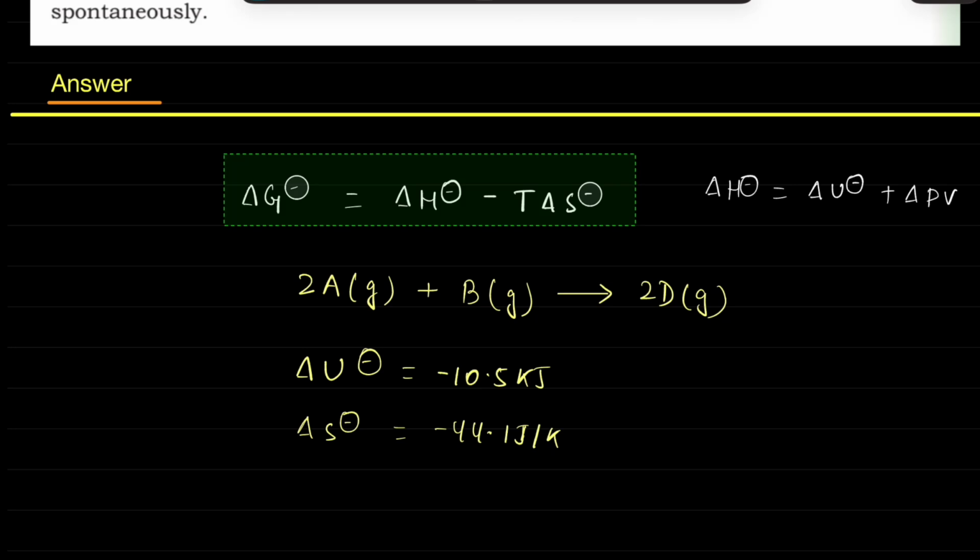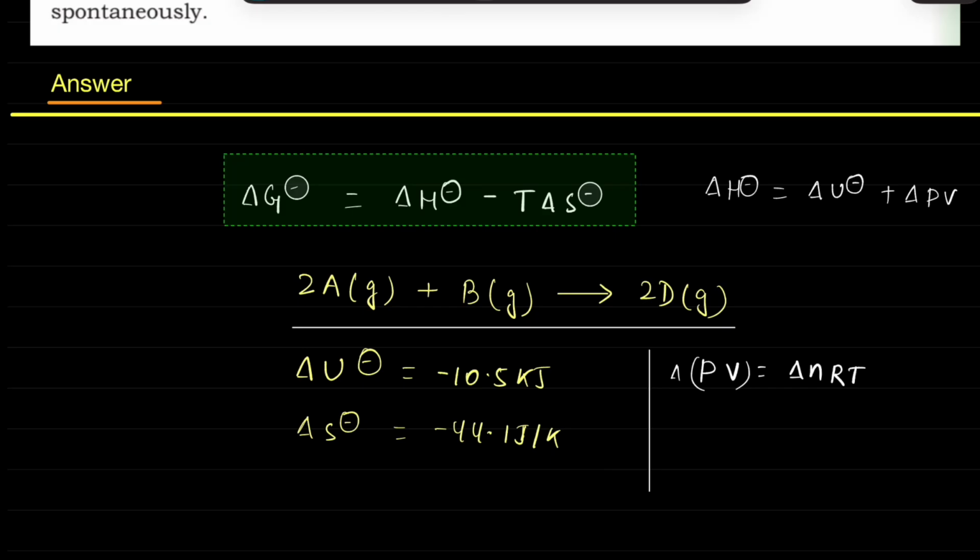And here our reaction is in the gaseous state, so if we use the ideal gas equation, we can say that PV is equal to delta N RT. So we can write delta H is equal to delta U plus delta N RT.